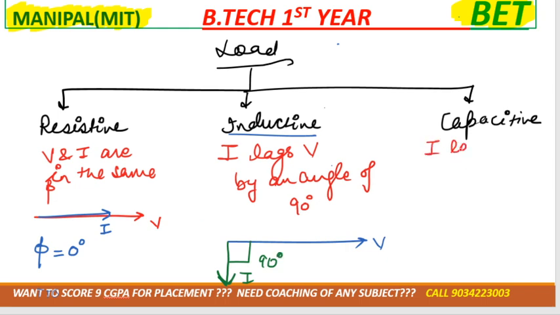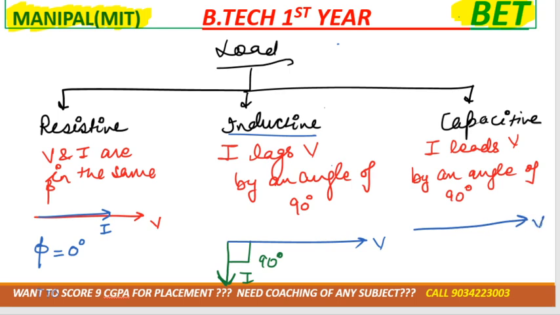In a capacitor, current leads voltage by an angle of 90 degree. So if voltage is on the x-axis, current leads, meaning it would be on the upward side, leading by 90 degree. That's why I said that if the phase angle is 90 degree, it can be an inductor or it can be a capacitor.